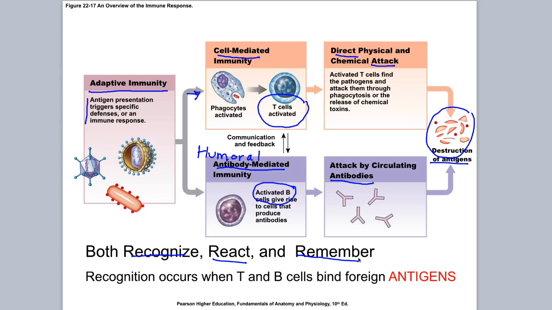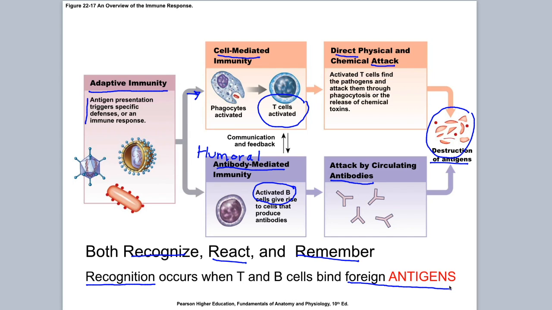This is going to begin once our cells recognize specific foreign antigens. These cells have to be able to recognize foreign antigens.